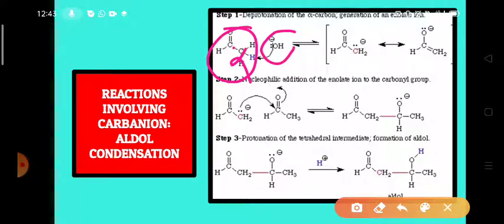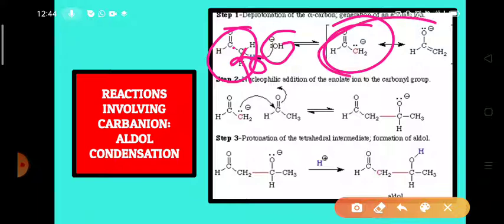So when hydroxide attacks this one, this hydrogen is easily removed from that carbon, and we get the carbon ion. And due to resonance, this carbon ion is stable.